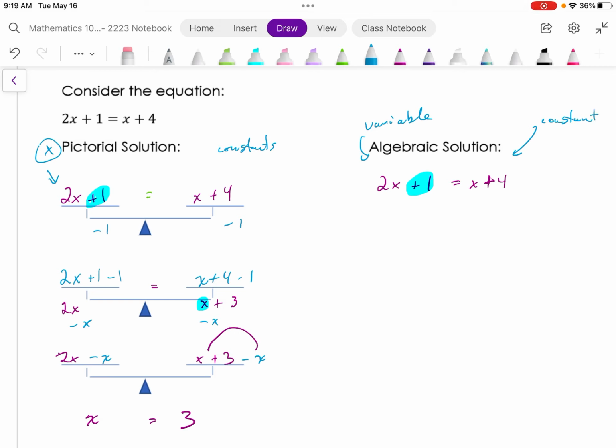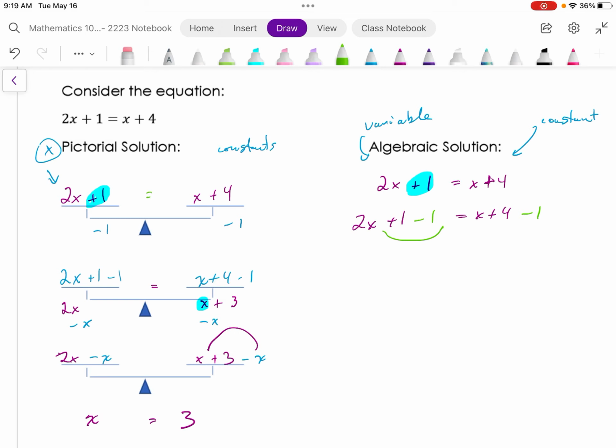So if I have 2x + 1 = x + 4, what I'm going to do is subtract 1 from both sides. That took a great deal of imagination simply because I would like to get rid of this plus 1.